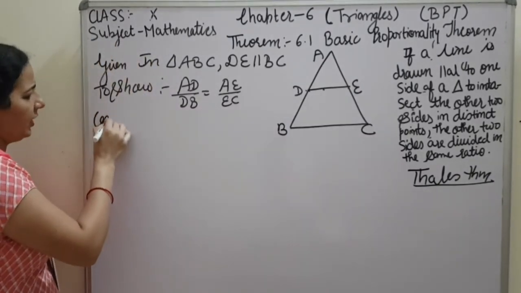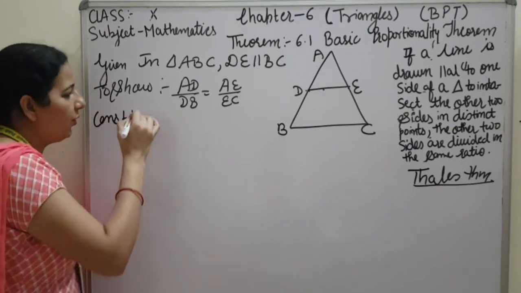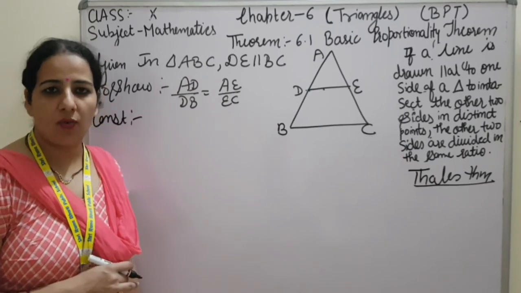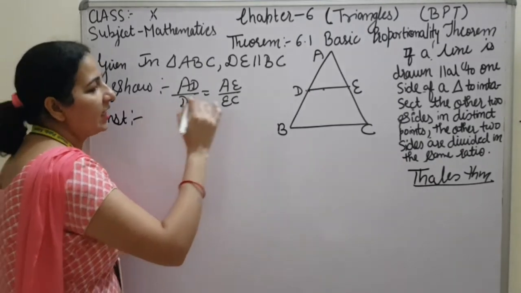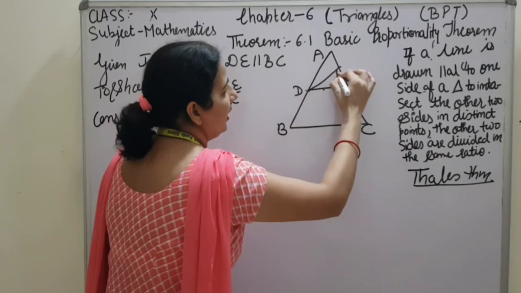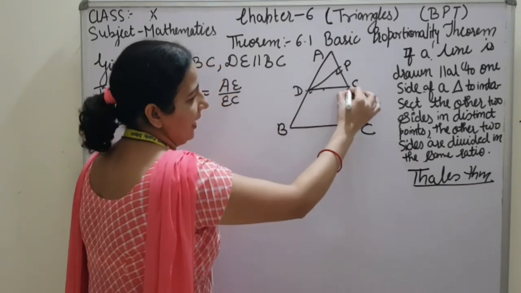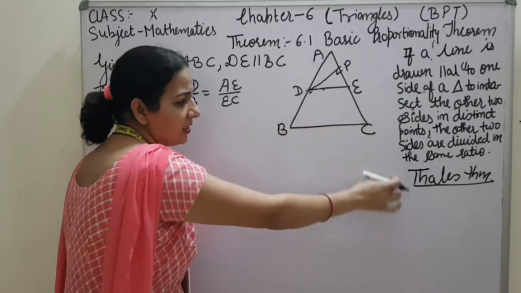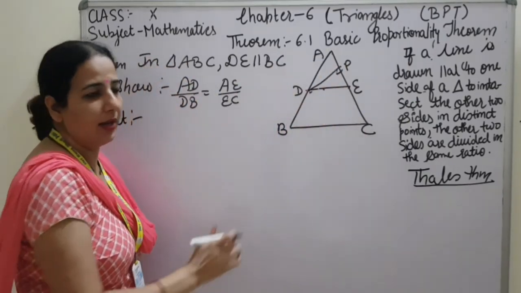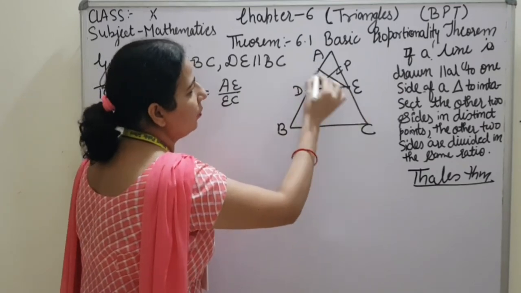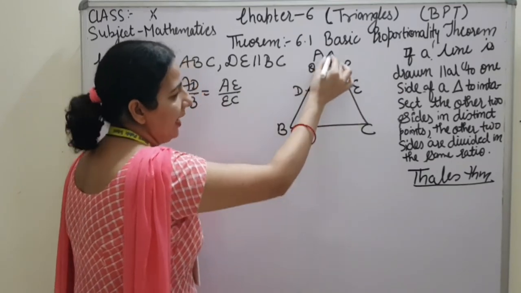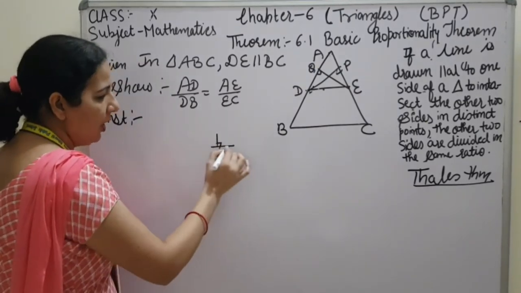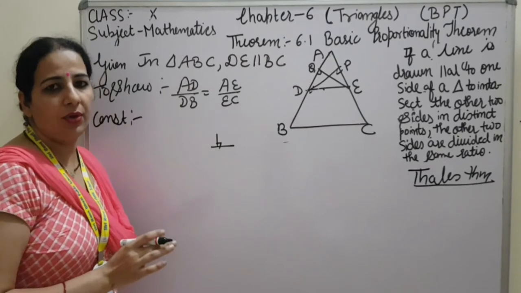For the same, we need the construction. I will tell you later on why construction is required here. So the construction will be DP perpendicular to AE. You can say DP perpendicular on AC, because if you extend it, still it will be perpendicular. And EQ perpendicular to AD, or you can say AB. Because if you are drawing a perpendicular here, you can extend the line according to your requirement.